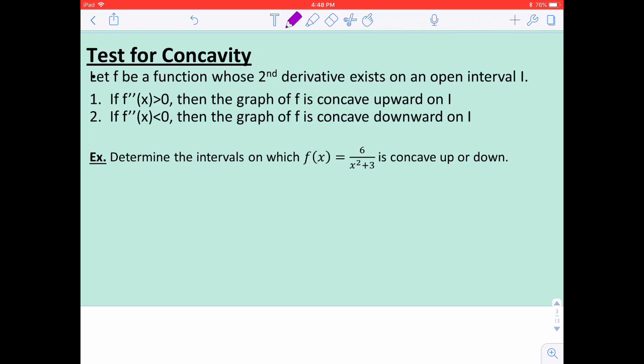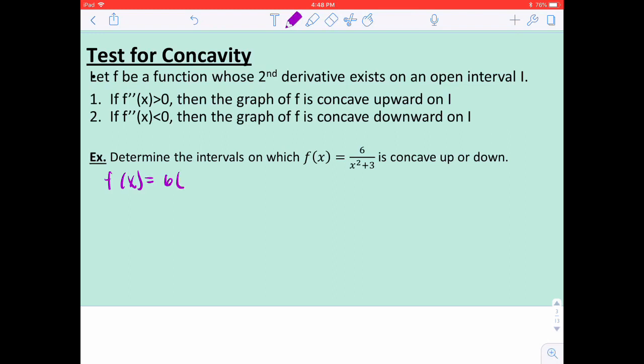The first thing we want to do when we're trying to determine whether it's concave up or down is take the second derivative. But in order to get the second derivative, we have to take the first derivative. So let's take the first derivative of this function. f of x equals 6 over x squared plus 3. I am actually going to not start with the derivative.